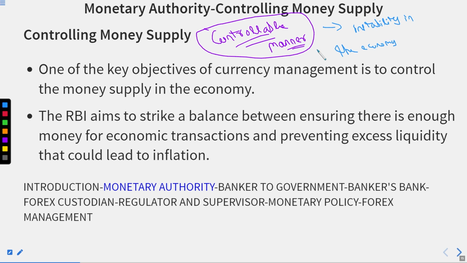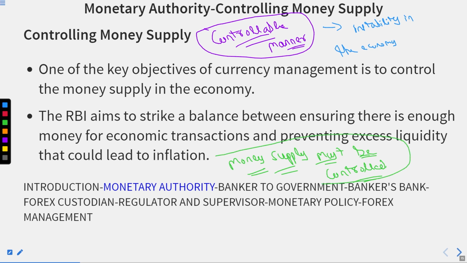Okay, and in order to control inflation or deflation, the money supply must be controlled. Got it? So it's a responsibility of RBI to assess the economy well and then provide the effective monetary supply.